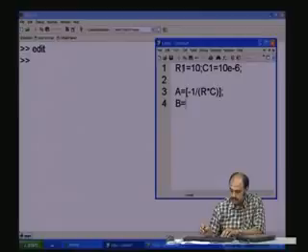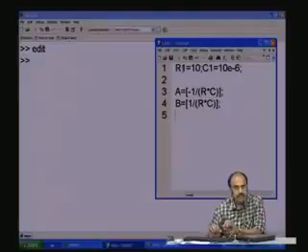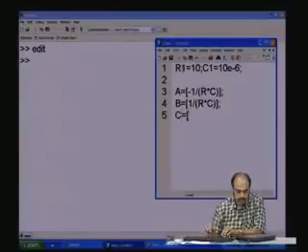B matrix equals 1 by R into C. Now, if we want to see the output voltage as Vc, then we give the C matrix equals 1 and the D matrix equals 0.